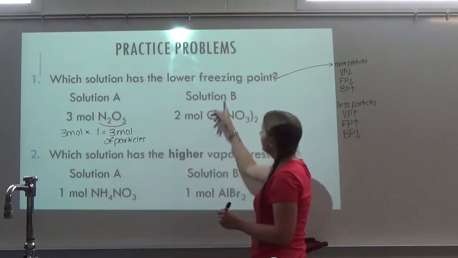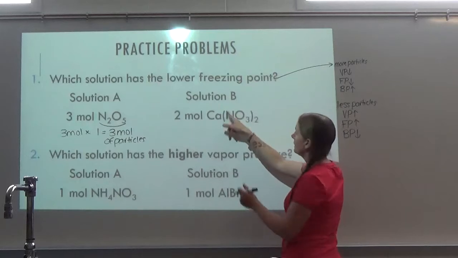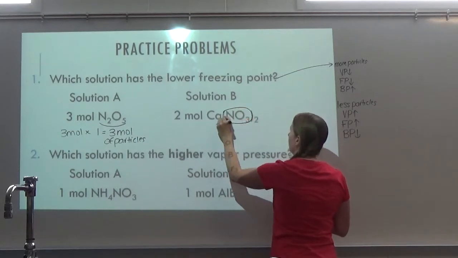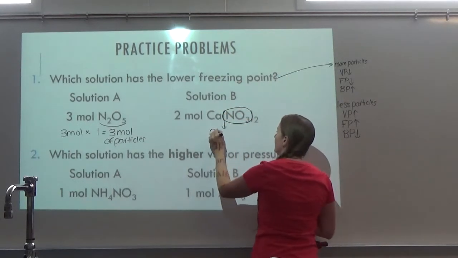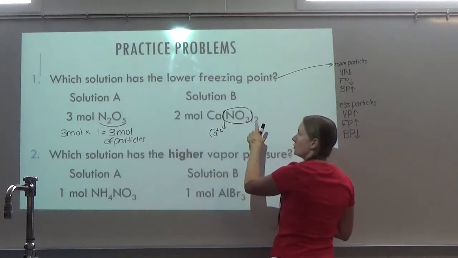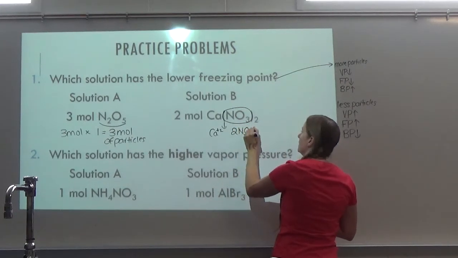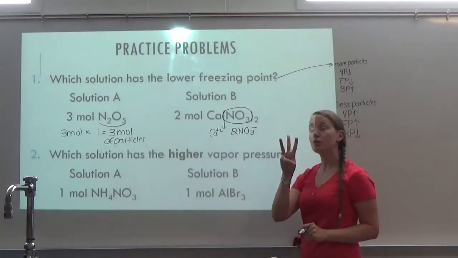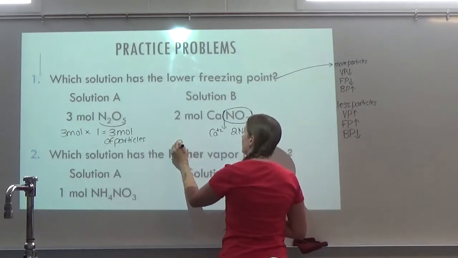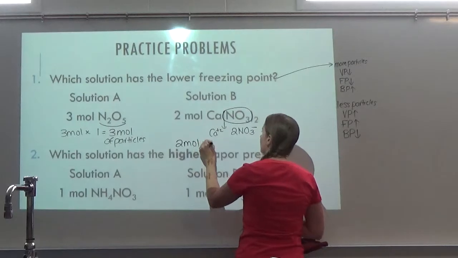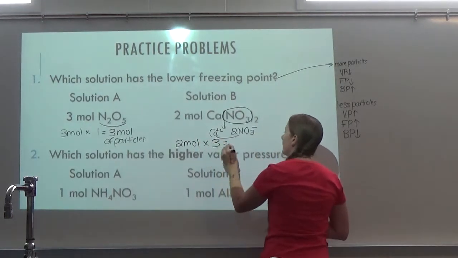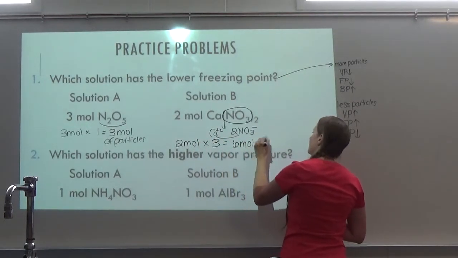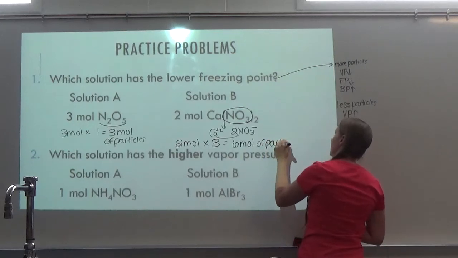All right, so for part B, we have a polyatomic ion. So this is going to break up into calcium and 2 nitrates. So how many particles do we get? Calcium and 2 nitrates, we get 3 particles. So I take my 2 moles and multiply by the fact that I'm going to get 3 particles, so I get 6 moles of particles.